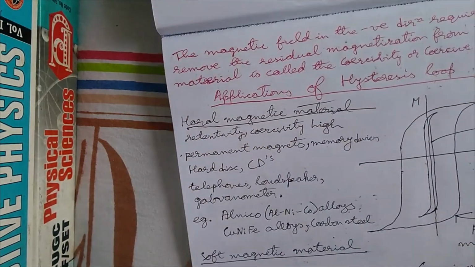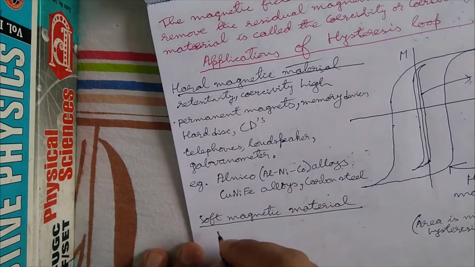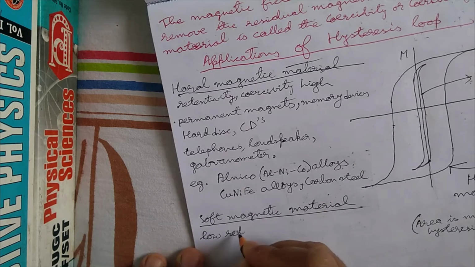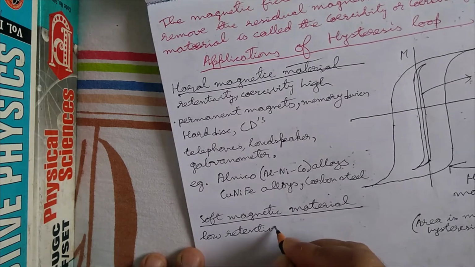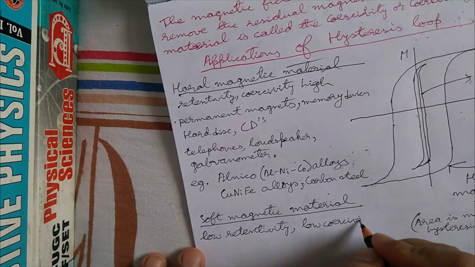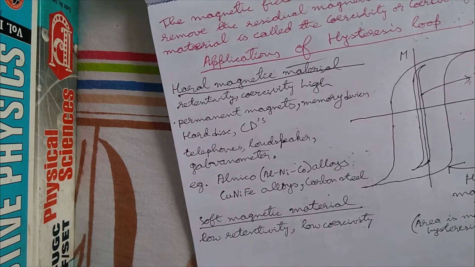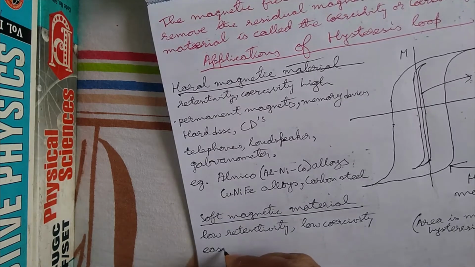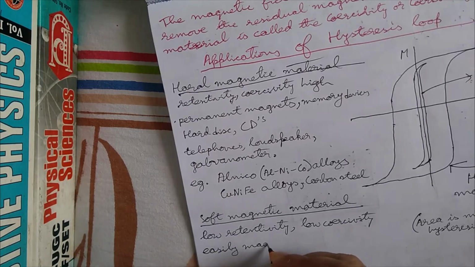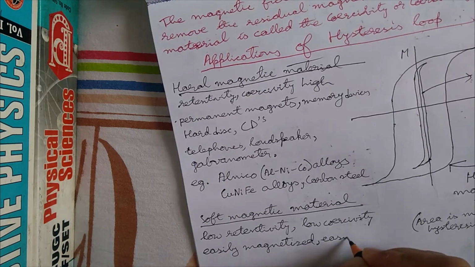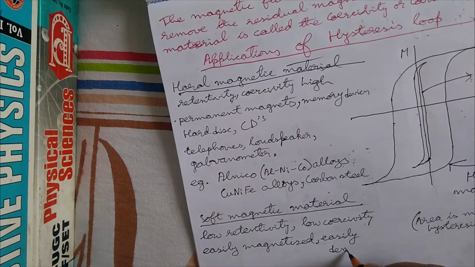Then soft magnetic material. Where are soft magnetic materials used? Soft magnetic material has low retentivity and low coercivity, which means it can be easily magnetized and easily demagnetized.